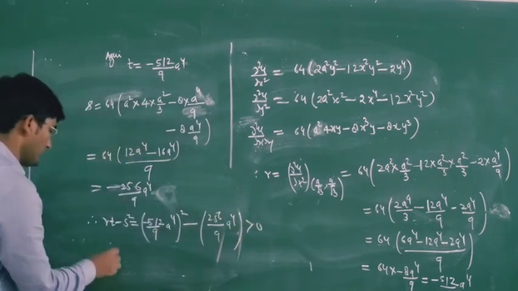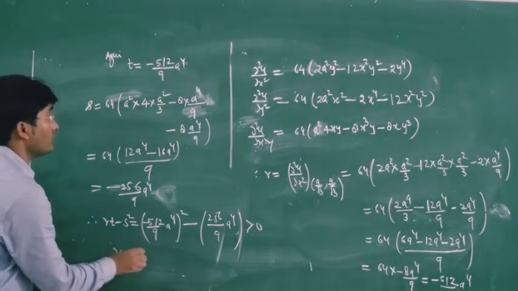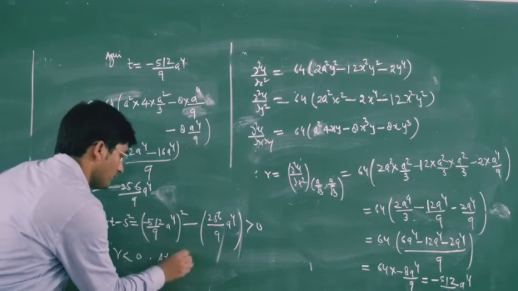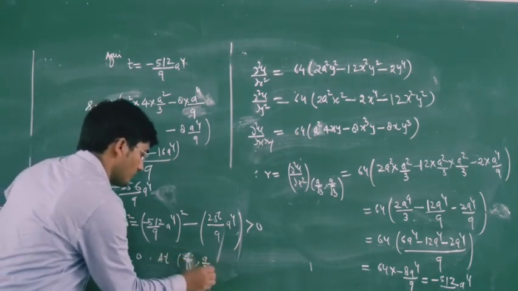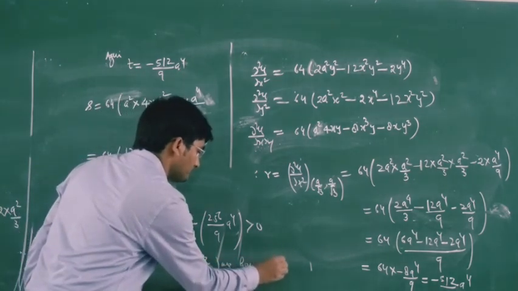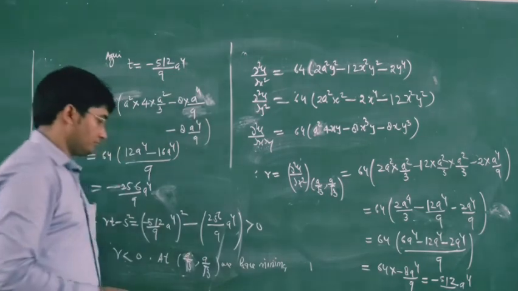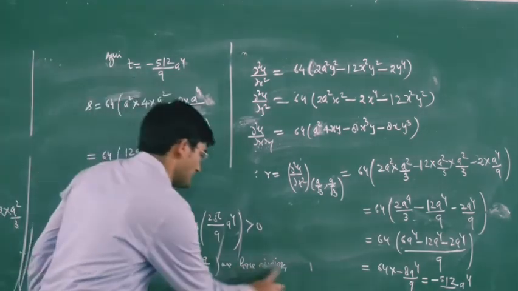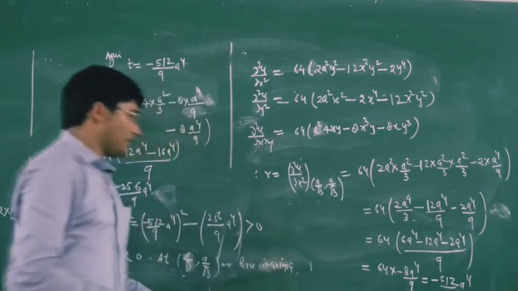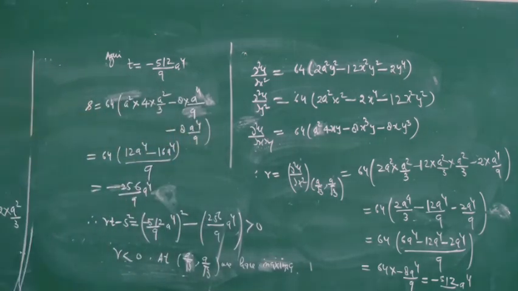So your rt minus s² is positive and r is negative. So at (a upon root 3, a upon root 3), we have a maximum. So we have maximum at this point.